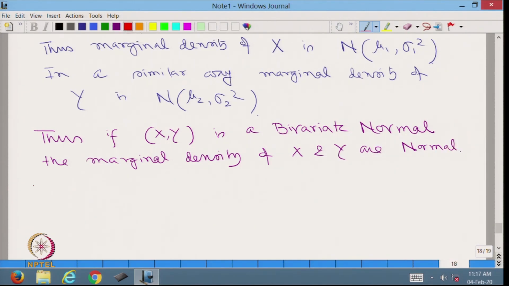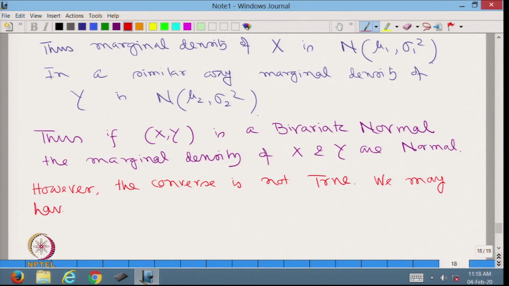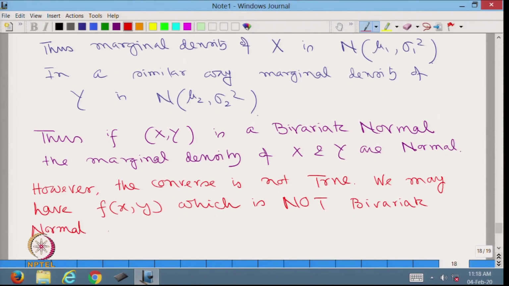However, the converse is not true. We may have x y, which is not bivariate normal, but marginal densities are normal.